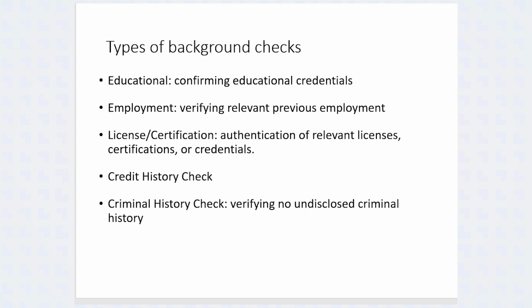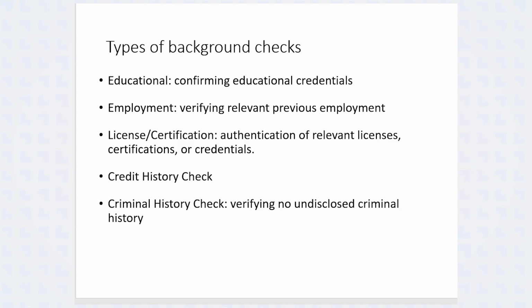In a place like the university, educational backgrounds are confirming people have the right credentials. That is going to be pretty key. You may want to call previous employers or ask for background employment references. You may want to authenticate licenses or certifications or credentials.